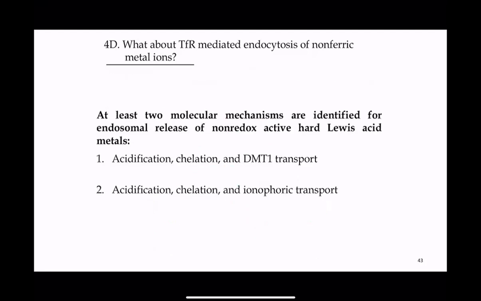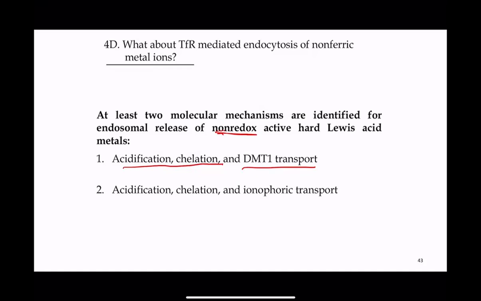All right, so this is where we're gonna end off with this note. So there could be at least two molecular mechanisms for endosomal release of non-redox active, and I'm gonna just emphasize that, non-redox active hard Lewis acid metals. It could be that there's acidification with chelation that leads to transport via the divalent metal transporter. But that would assume that the metal will have to be divalent.